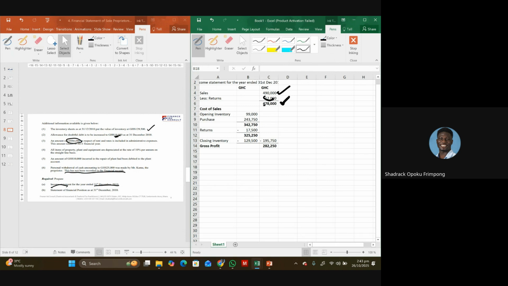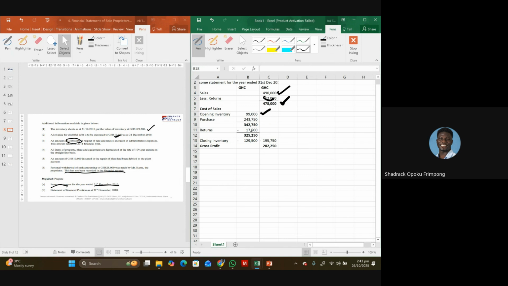Now, this 478 includes the sale of the goods we had at the beginning of the period, the opening inventory. After selling what we had in our shop at the beginning, we had to purchase more because we are still in business. So we purchased goods worth 243,000. The goods we purchased plus what we had at the beginning gives us 342,000.